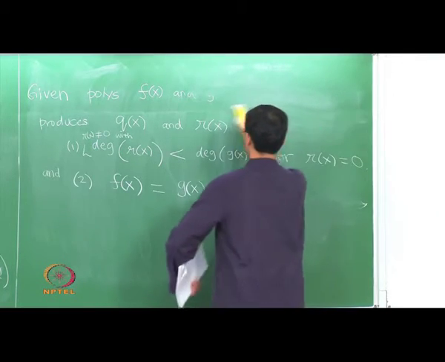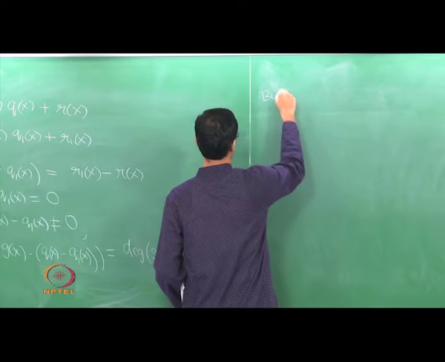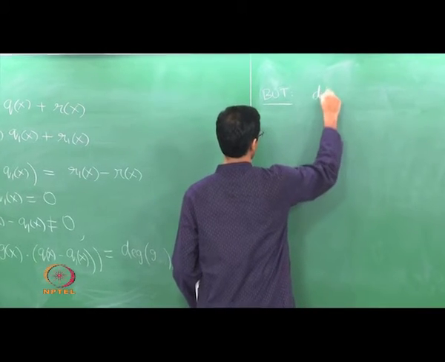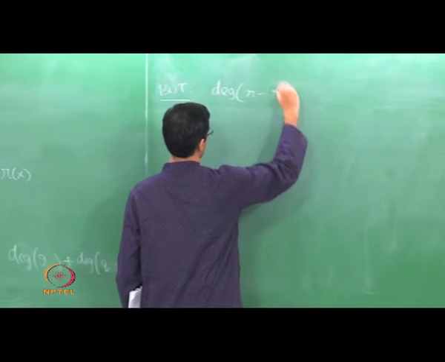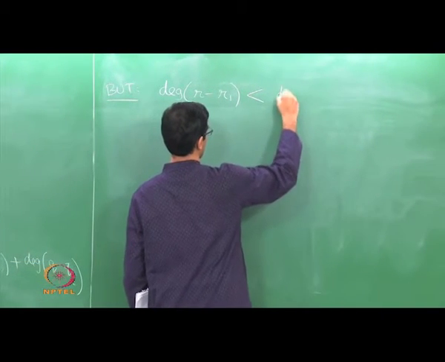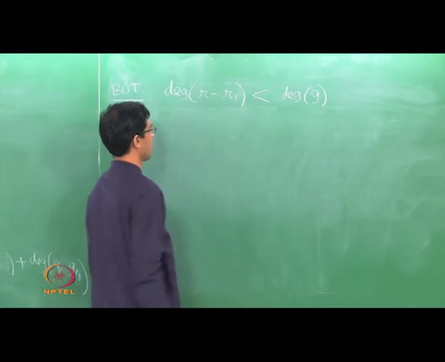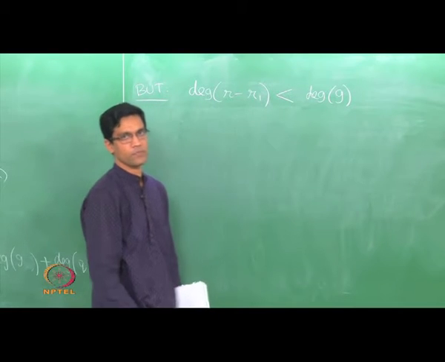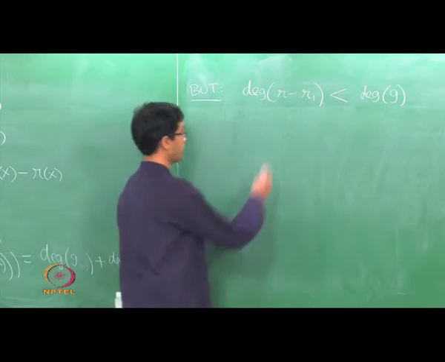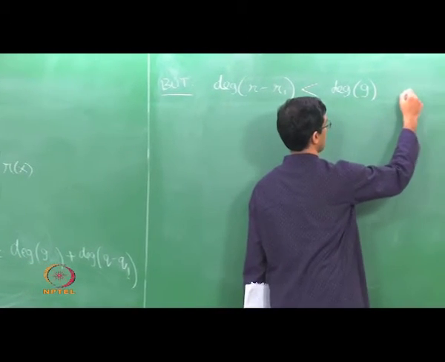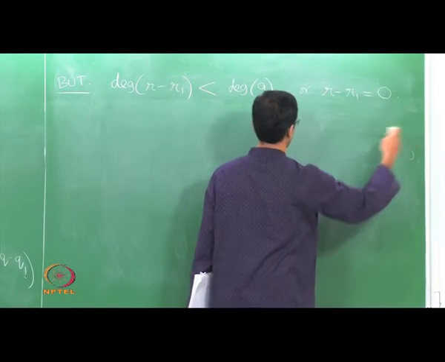By property 1 we conclude that the degree of r minus r1 is strictly smaller than the degree of g, because both r and r1 have degree strictly smaller than the degree of g. So their difference would also have the same property, or of course it could be 0, that is also fine.